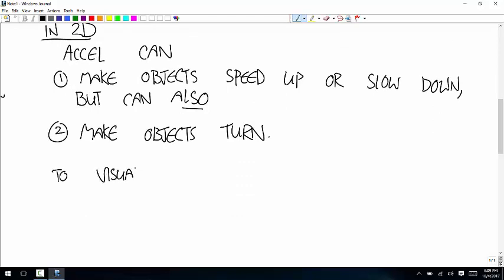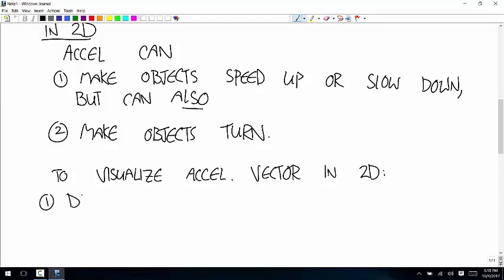So to visualize the acceleration vector in 2D, first, draw the object's path. And I'll do an example, probably two examples.